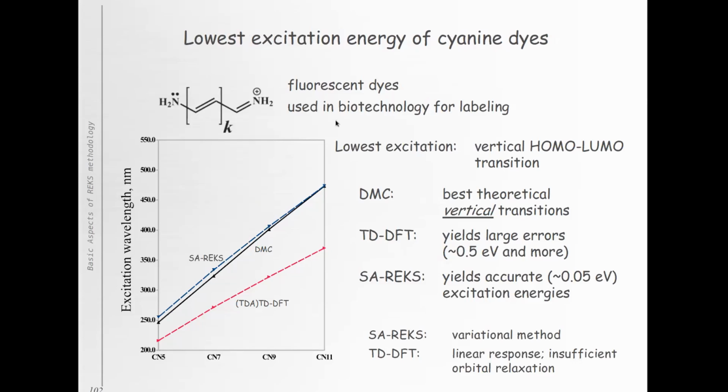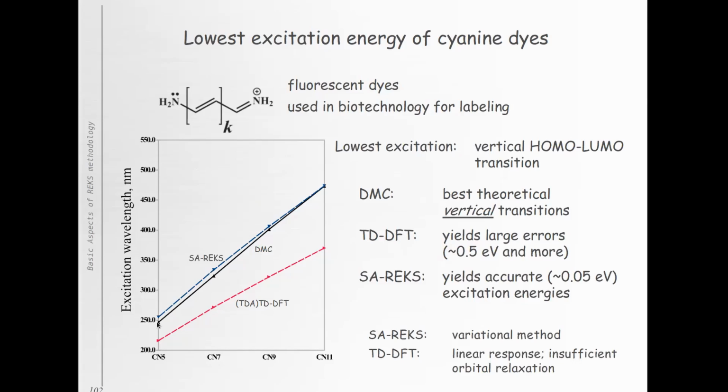So the number of double bonds can be 5, 7, 9, 11. So that will be a long chain. And these molecules are regarded as some kind of push-pull molecules because their closed shell electronic structure corresponds to a zwitterionic configuration with positive charge on one end and neutral on the other end.